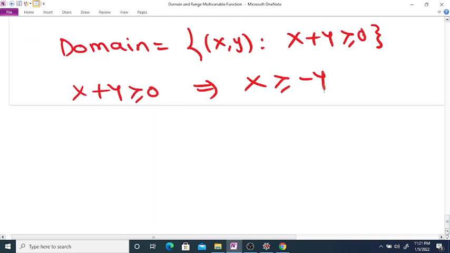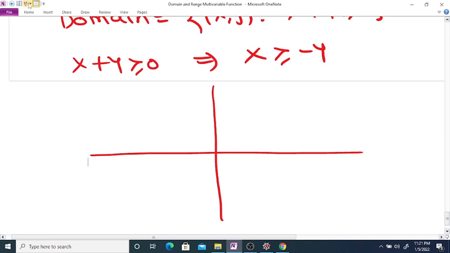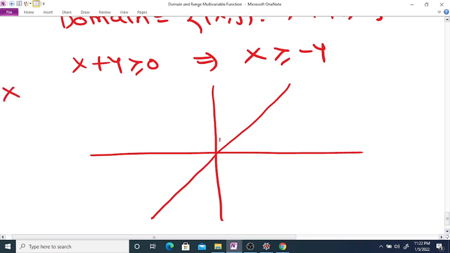Again we know that x is equal to minus y is the line passing through the origin. So if you consider a line passing through the origin, the domain may be present above the line or below the line. So x greater than or equal to minus y.